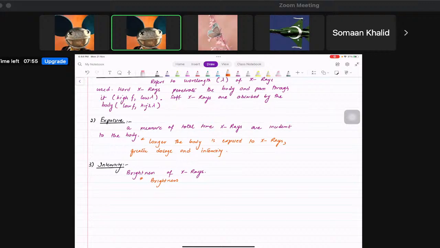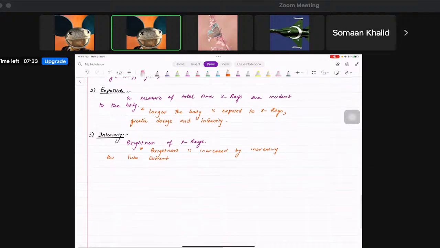Brightness is increased by increasing the tube current. Basically, it means how many electrons are ejected from that thermionic emission. That's fine.